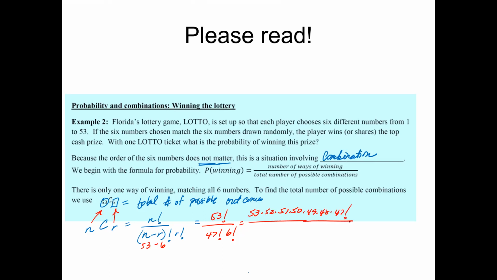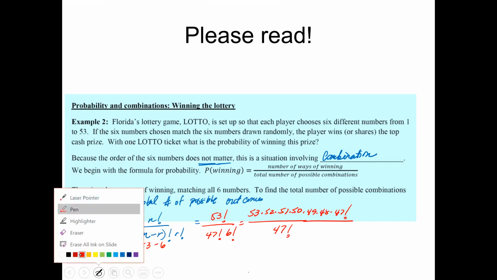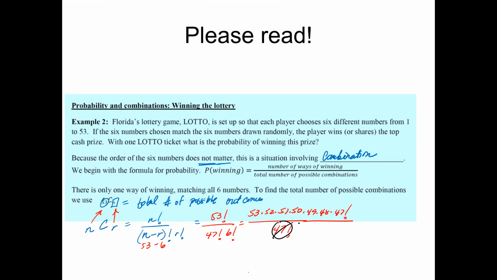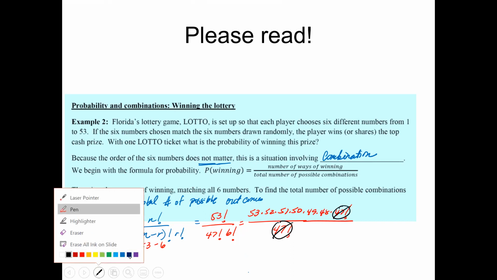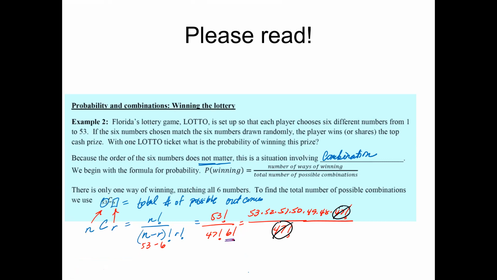I'm going to stop at 47 because I have 47 factorial down here, and the two of them are going to cancel each other out. So there's no point in wasting my time writing it 46 more times. But don't forget your 6 factorial: 6, 5, 4, 3, 2, 1.